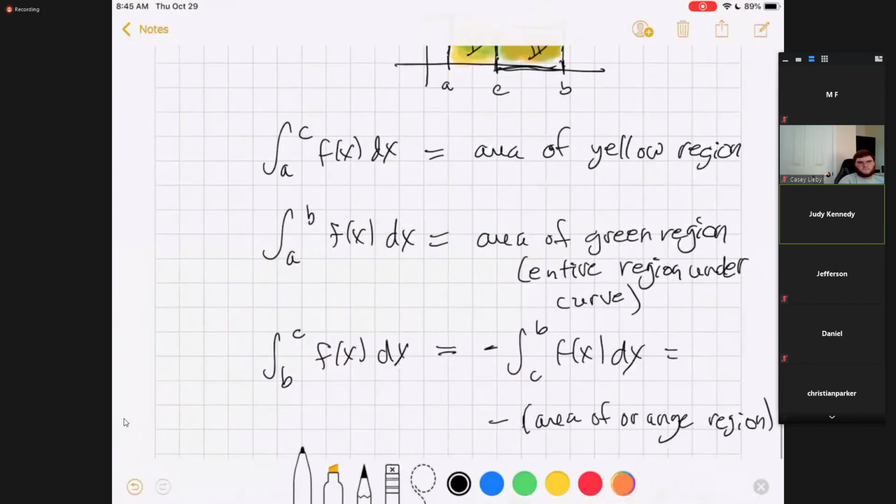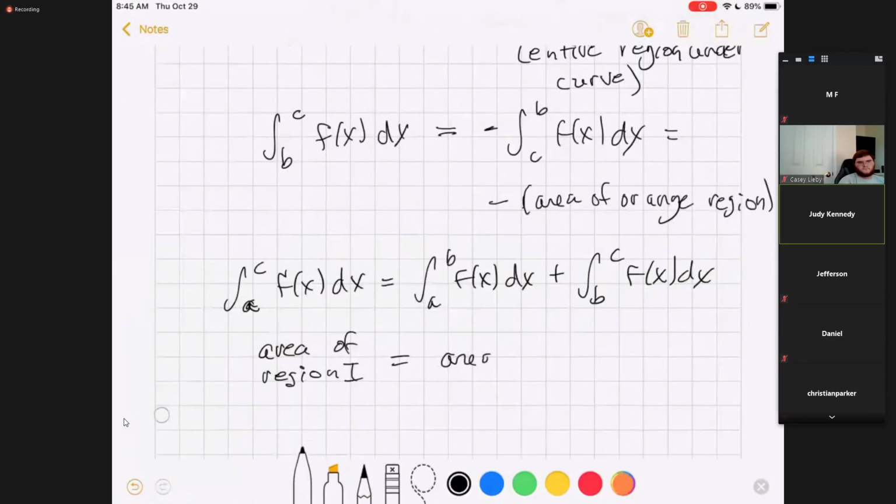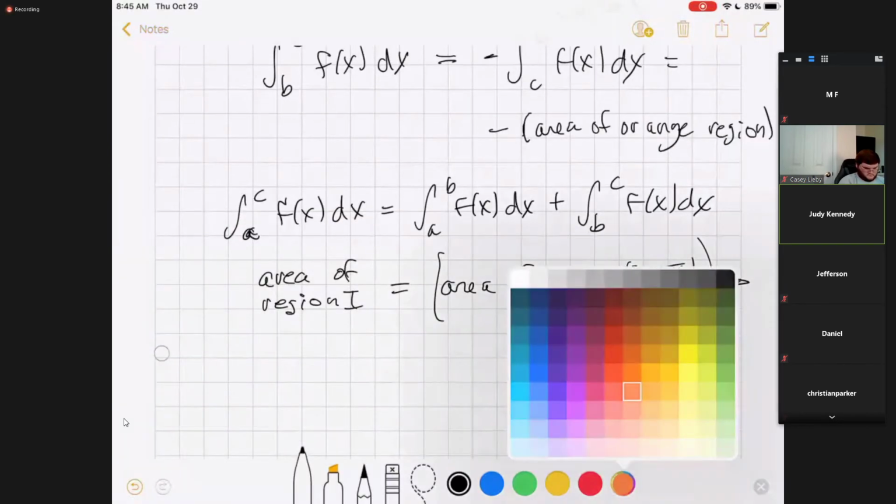That's what A to B is. Minus the area of region 2.